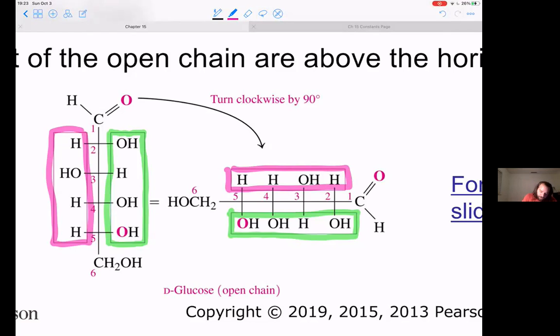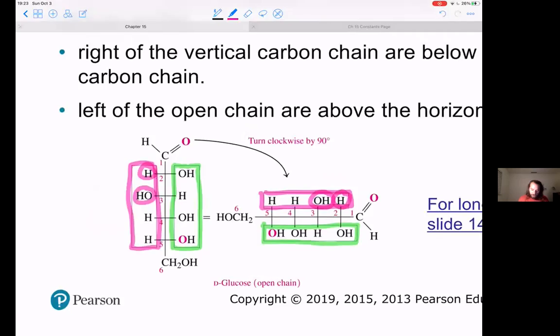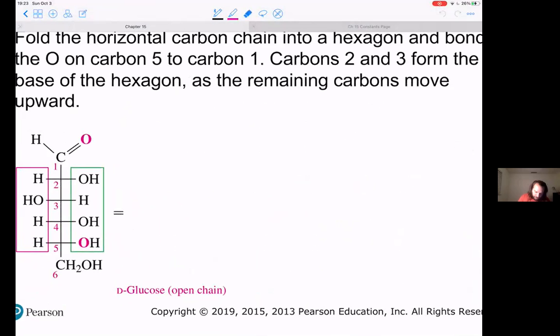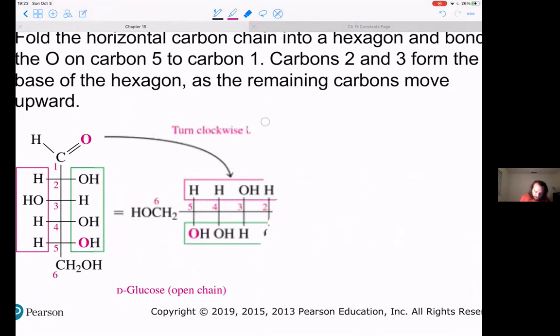On carbon 2, there was a hydrogen pointed to the left, so on carbon 2 there should be a hydrogen pointed up. On carbon 3, there was a hydroxyl group on the left, so there should be a hydroxyl group on the right, et cetera. So not only do you have to lay these things down on their side, you want to do so carefully and make sure that your groups are still matched to what they were before. So step one, we're going to turn this structure clockwise 90 degrees.